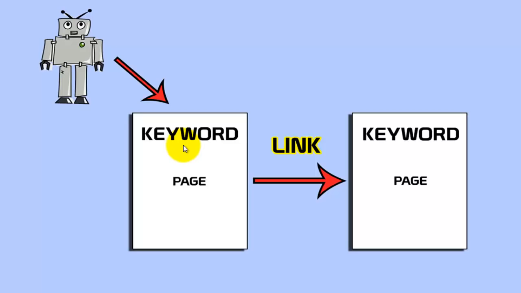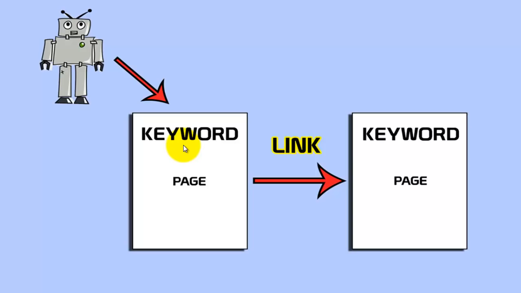Also, based on the words that you have inside of that page, because if you are talking about a specific niche, then many times you use words that belong to that niche, those robots know exactly what that page talks about and where it needs to appear inside of Google listing.